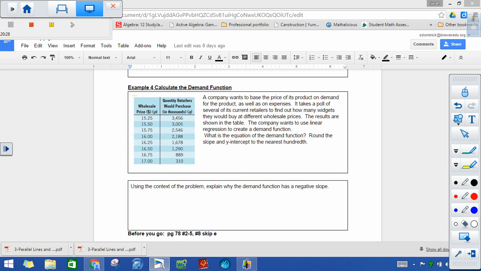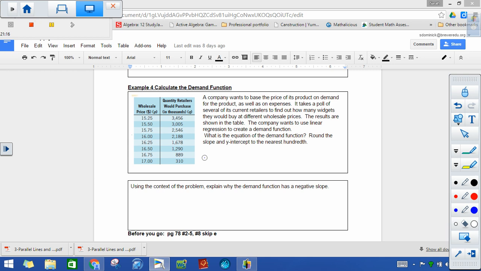All right, so I just put this data into Desmos, right? My wholesale prices were my x's, my quantity retailers would purchase were my y's, and then I just read the demand function. Once I put in y equals mx plus b, I grabbed the slope and the y-intercept.